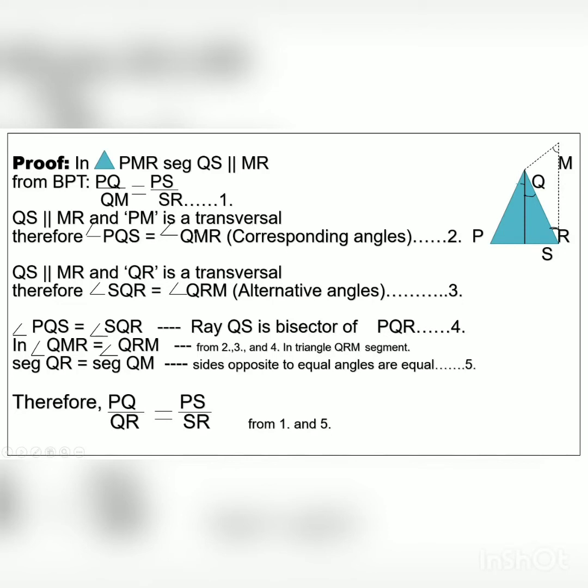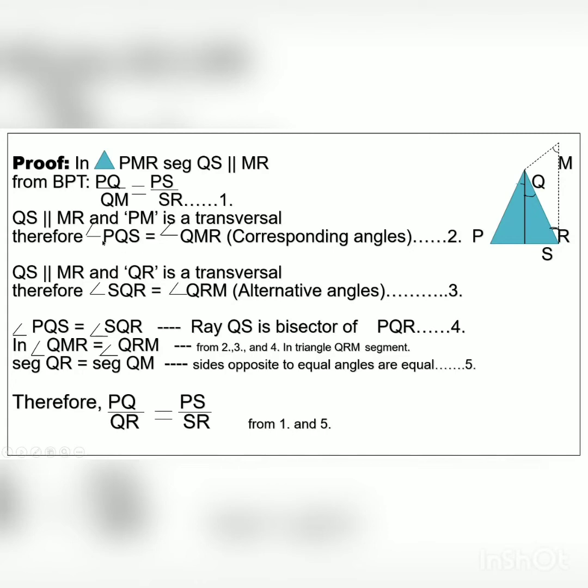Therefore, angle PQS is equal to angle QMR, because both angles are corresponding angles on the transversal line PM.